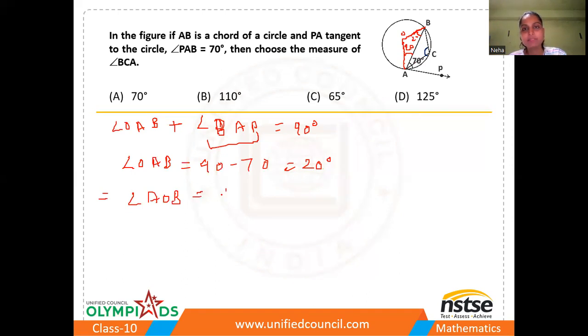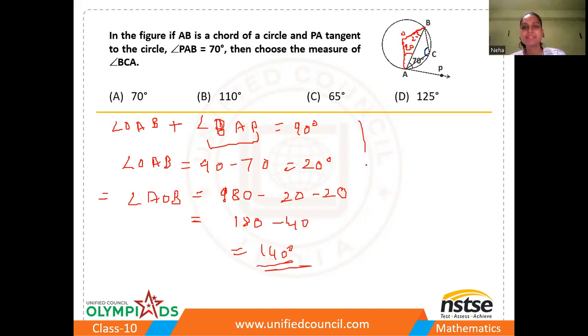This becomes 180 minus 20 minus 20, because the sum of all the angles of a triangle is always equal to 180. So that means 180 minus 40, that means this is 140 degree. The angle AOB is equal to 140 degree.